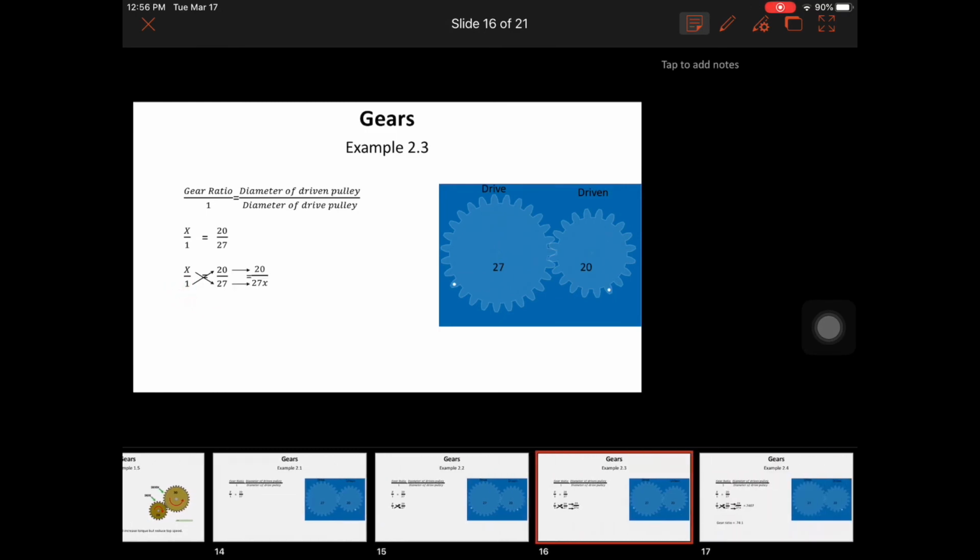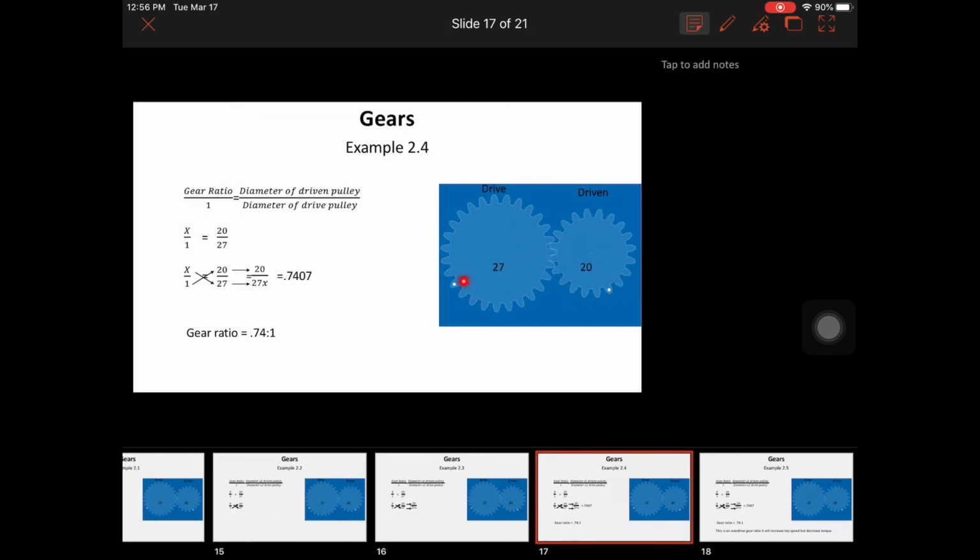So after we do that math, we're going to get 27x over 20. Now it's going to be a little different this time. We're going to see that our gear ratio is 0.7407, which we would reduce to 0.74 to 1, okay? So that means that this big drive gear has to spin basically 3/4 of a revolution before the driven gear will make 1 full revolution.